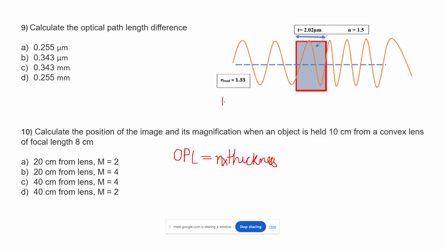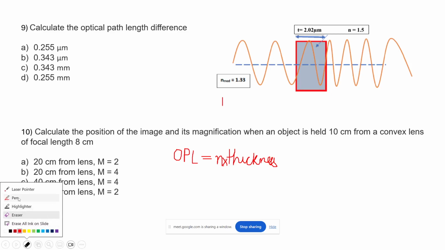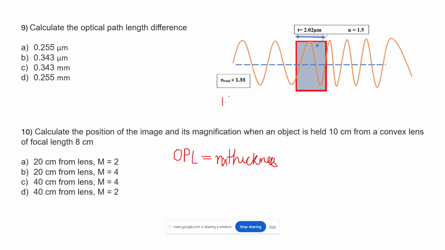So using this, the optical path length for this medium will be 1.33 into 2.02. You all know that the refractive index doesn't have any units, only the thickness has the unit, micrometer.